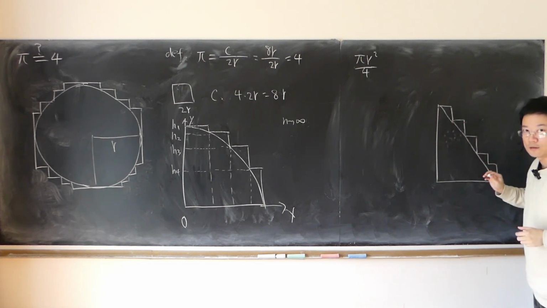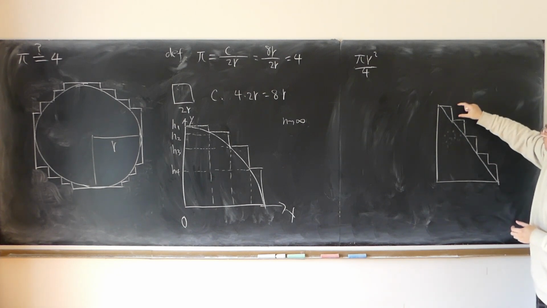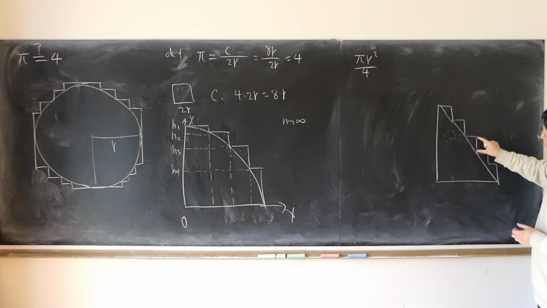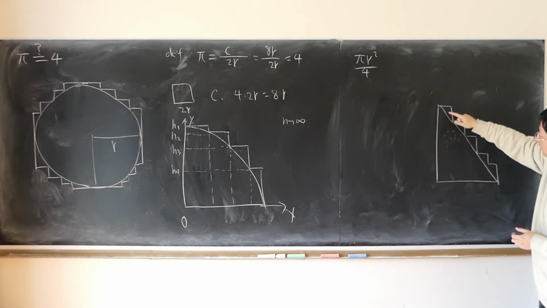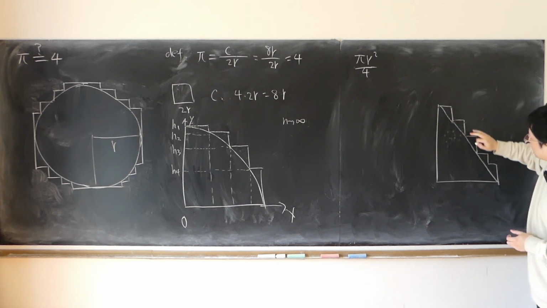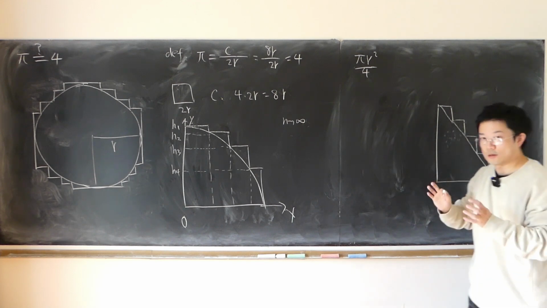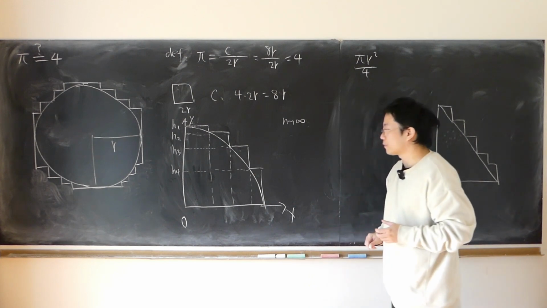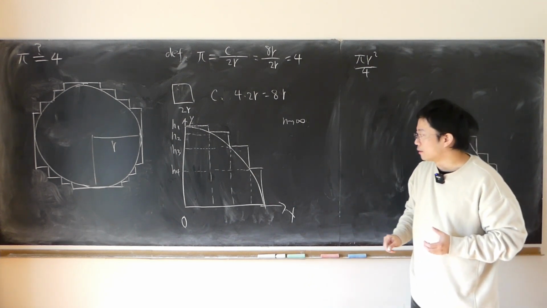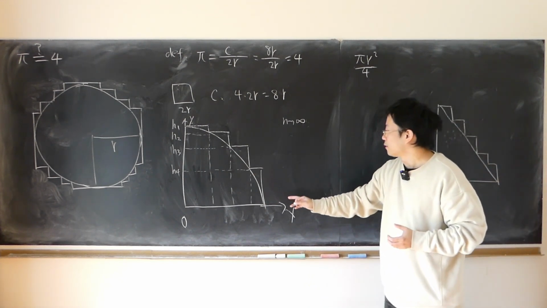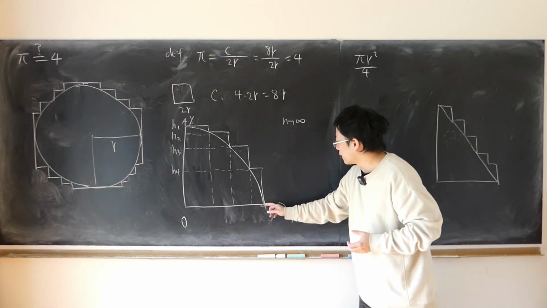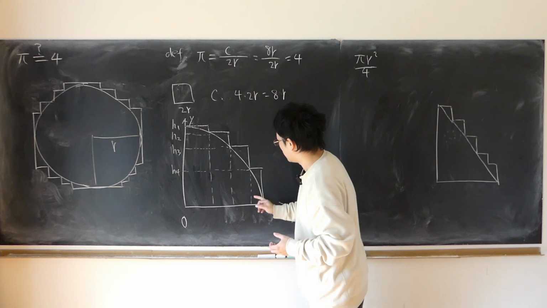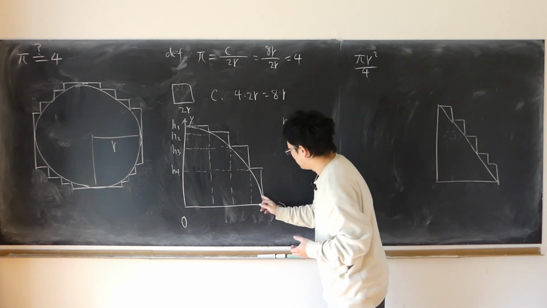But that doesn't mean the vertical line segments are equal. In fact, they are not equal. So we cannot say that the area is approaching this rectangle. It's approaching 1/4 of the circle area. But like I said, even though of that, the path length of this path is not equal to the path length of this path.